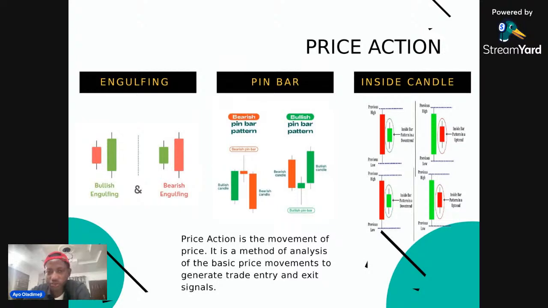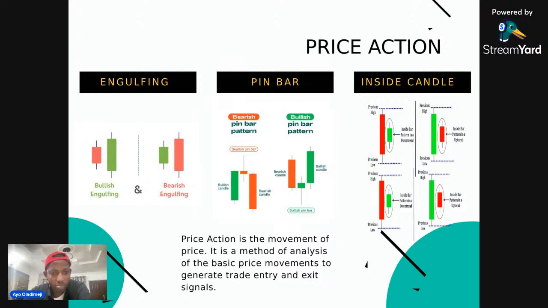There are so many of them, but let's just focus on these three. What are those three? Engulfing, pin bar, and inside candles. Now that we have understood candle anatomy, pay attention to this. Engulfing candles.